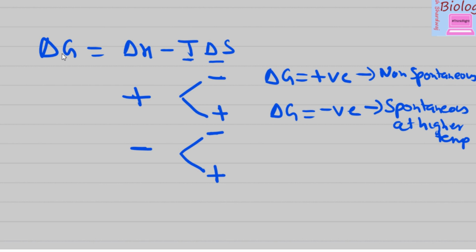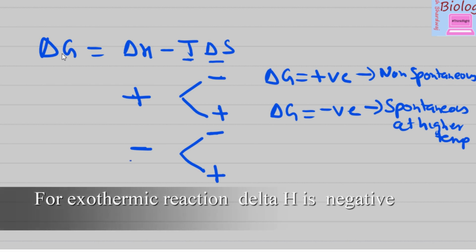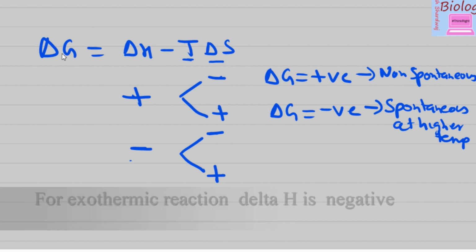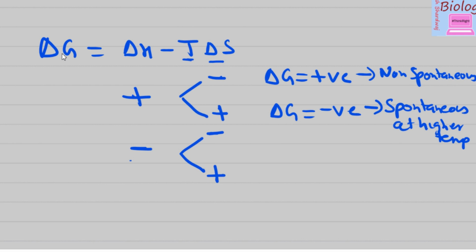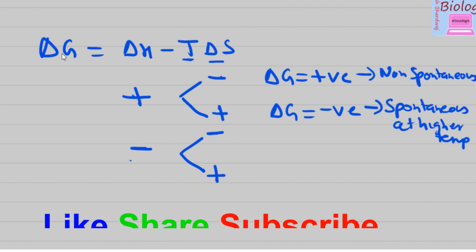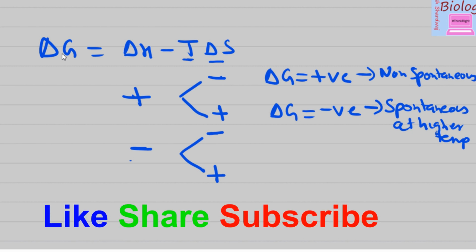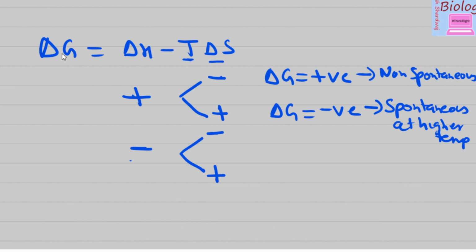The value of delta H is negative, and the change in entropy is negative, meaning the system's entropy is going to decrease. Hopefully you remember that at the start of the lecture I gave you one example where the entropy decreases. Such types of reactions are going to be spontaneous.